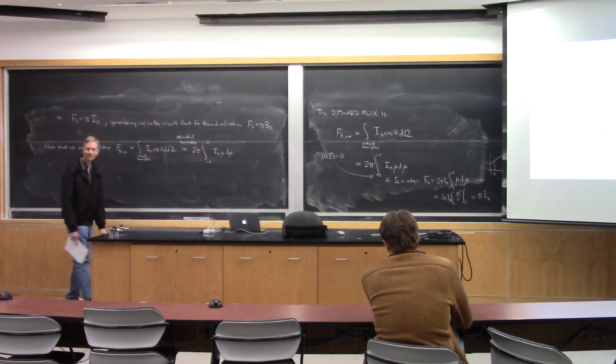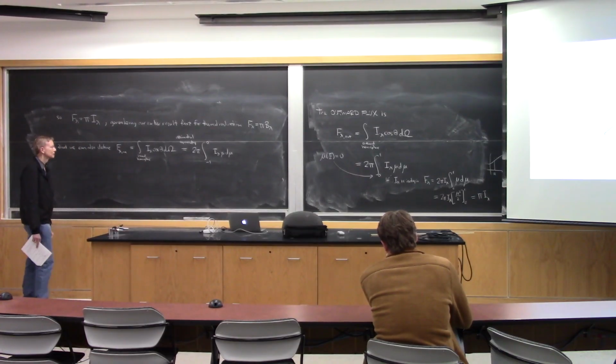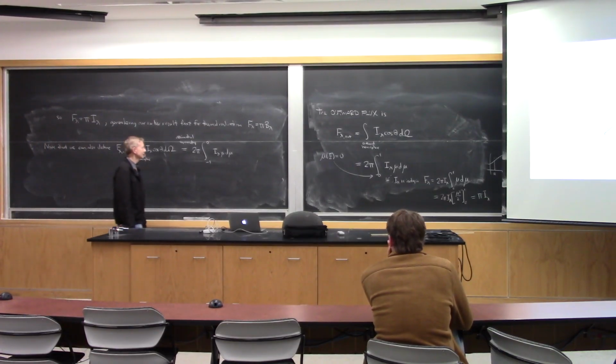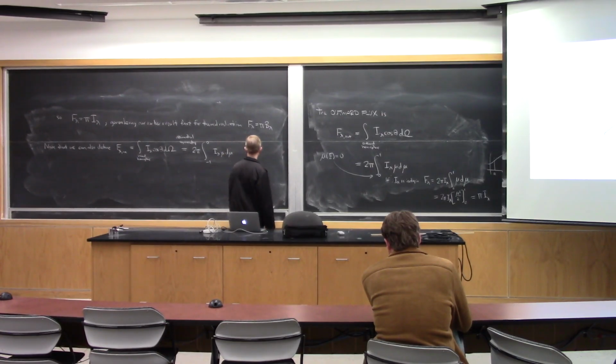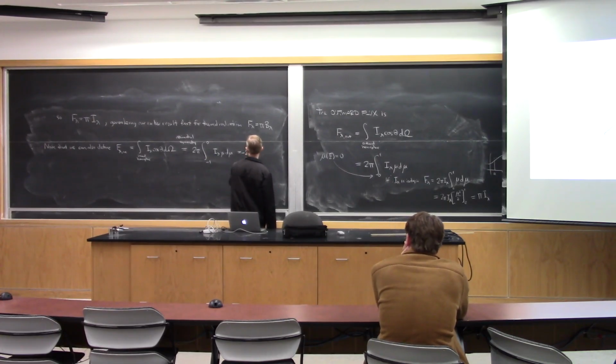You do that, right? Which, if you wanted, you could say is -2 pi times the integral from 0 to -1 of I lambda mu d mu.